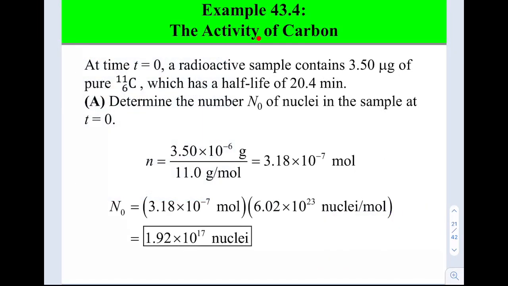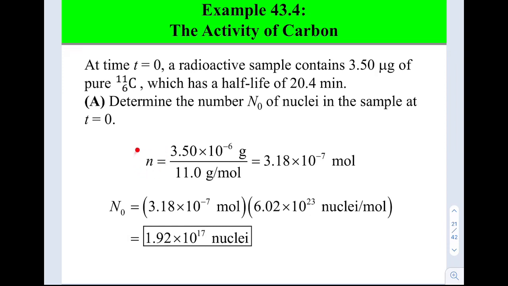Example 43.4. The activity of carbon. At t equivalent to 0, a radioactive sample contains 3.5 microgram of pure carbon-11, which has a half-life of 20.4 minutes. A. Determine the number N naught of nuclei in the sample at t equivalent to 0. So, given 3.5 microgram, and we know this is carbon-11.